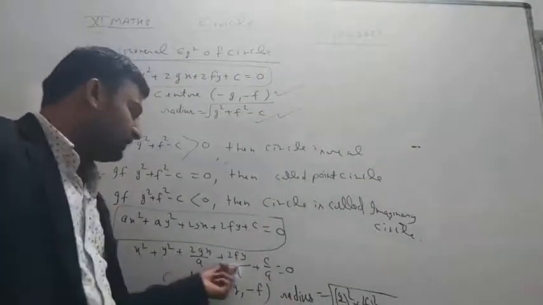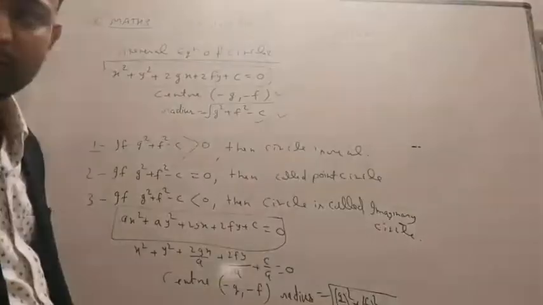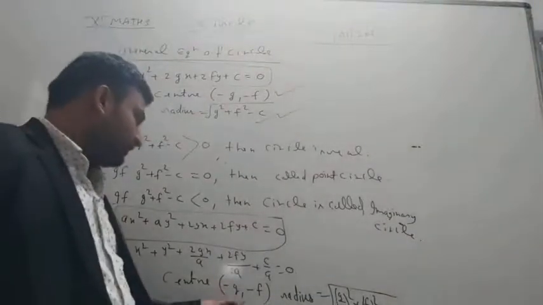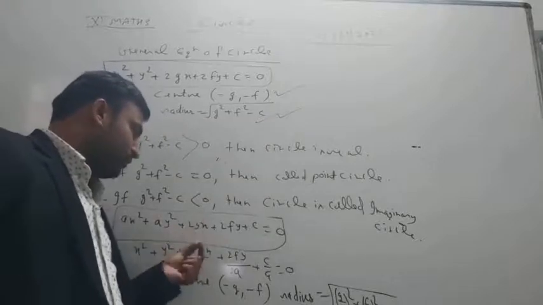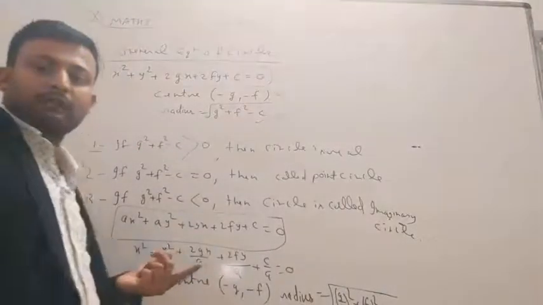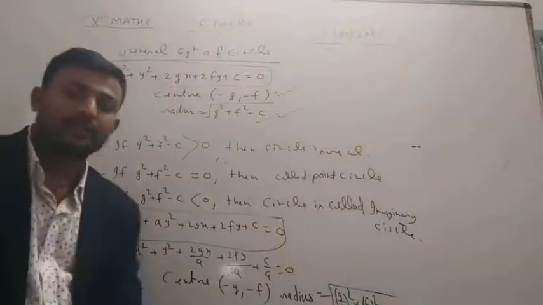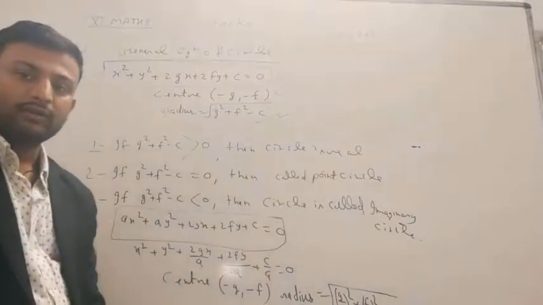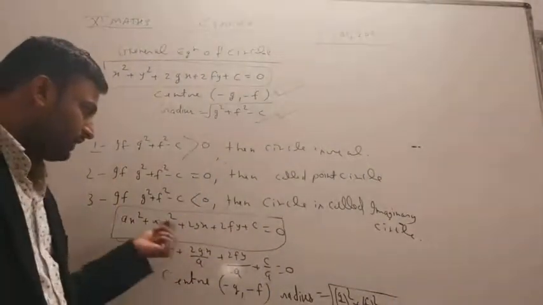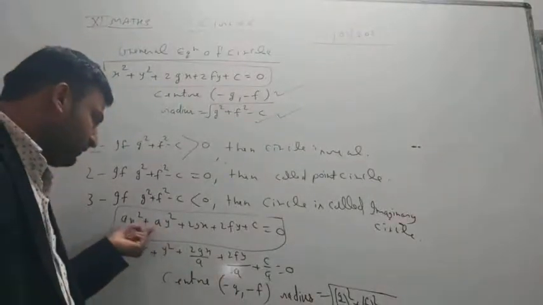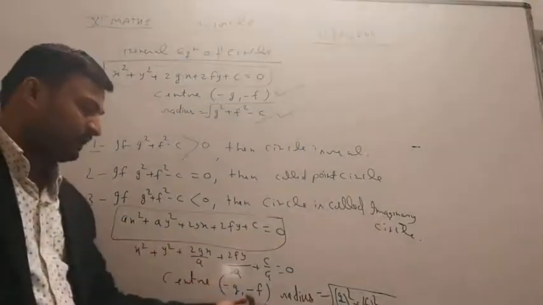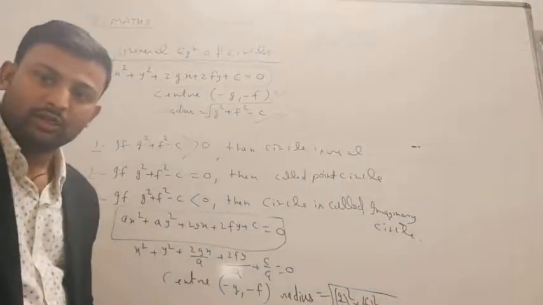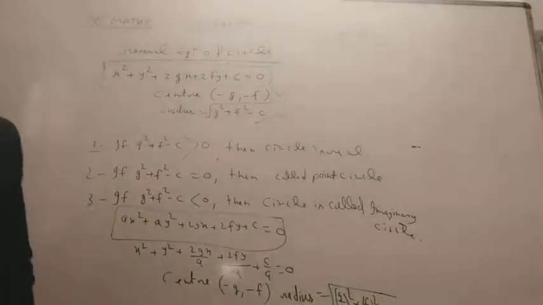We change it like this, and then we find the center and radius of the circle. Okay student, and if any question is given in this form, then before finding the radius and center, we first keep the coefficient of x square and y square unity, then we find our center and radius like this. Okay student, I hope you understand.